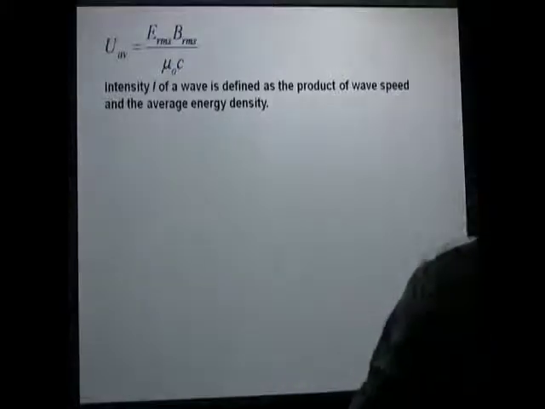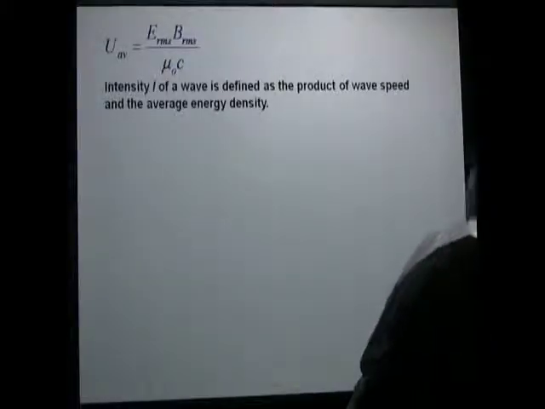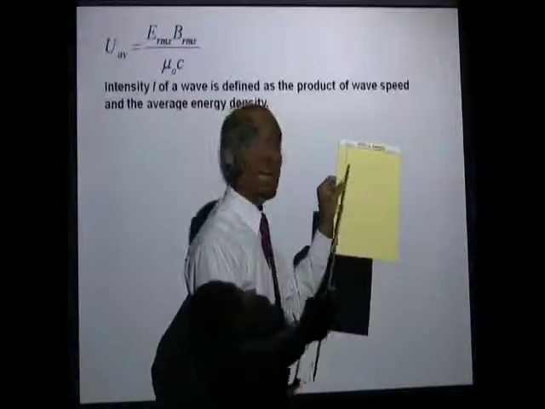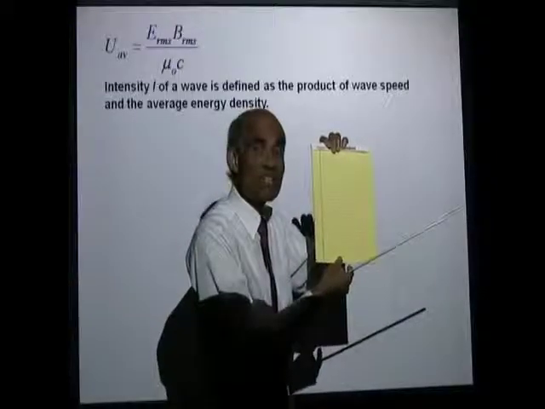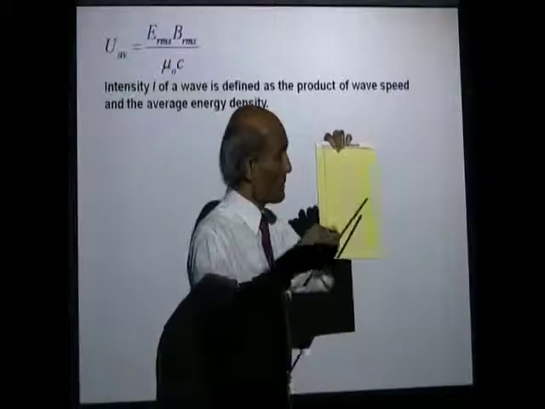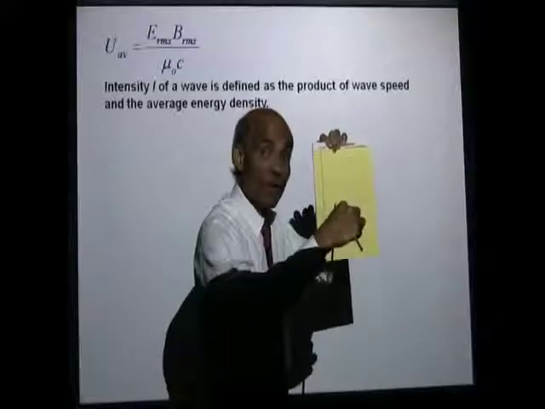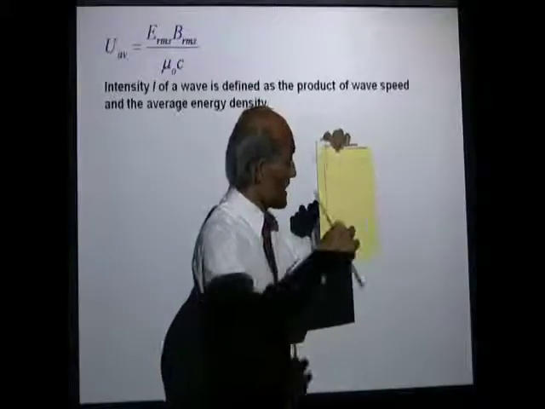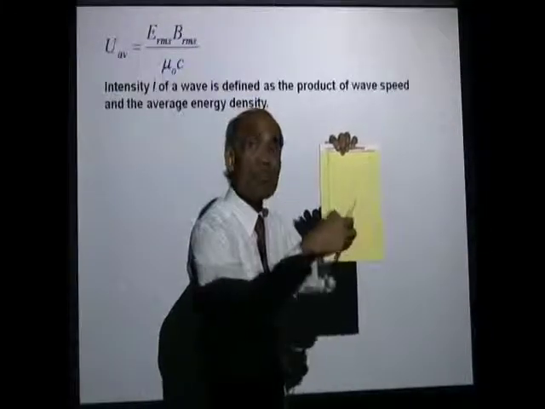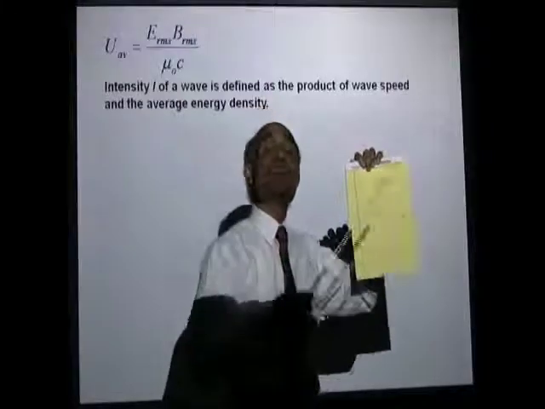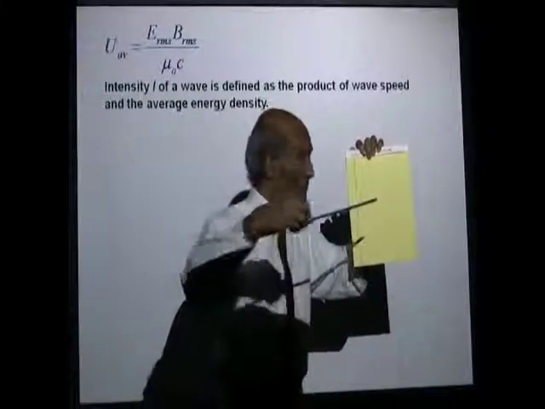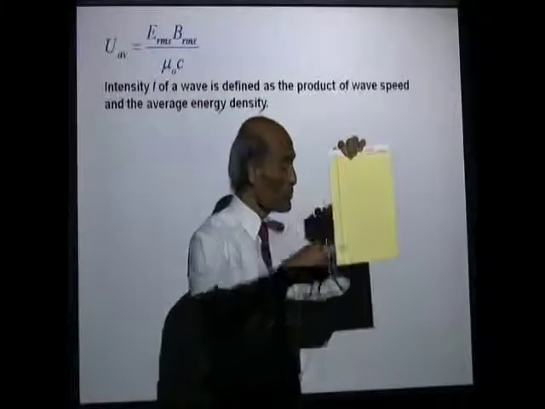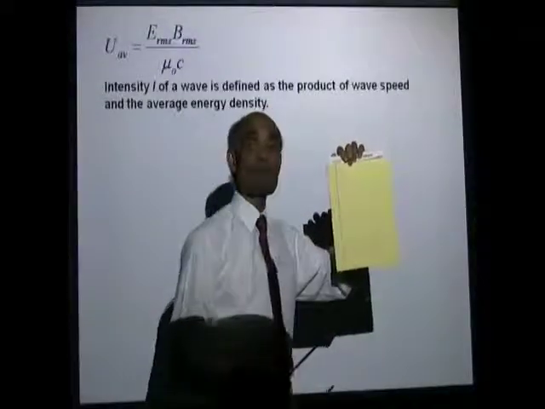Now, what is the measure of the intensity of that radiation? Well, in order to define the intensity at a particular point, what we do is we keep a unit area where we want to find the intensity. It is the amount of power crossing at right angles to a unit area that we call intensity. So intensity is a measure of the power crossing unit area at that particular place.